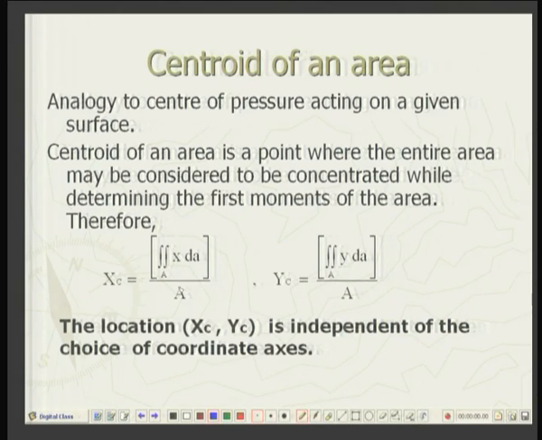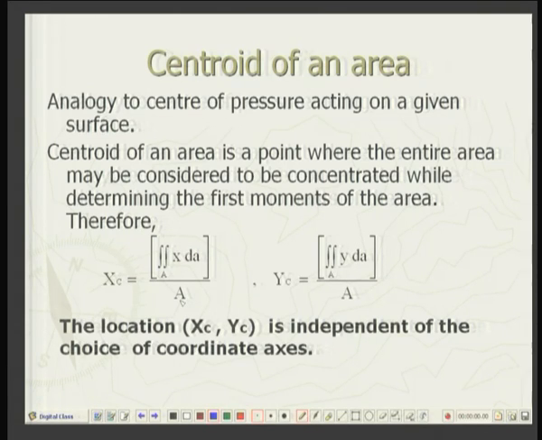Or you can say that the first moment about the y axis of the figure is equal to the total area times the distance xc from the y axis. And similarly, for the y coordinate of the centroid, namely yc, we have the first moment about the x axis divided by the entire area of the figure.